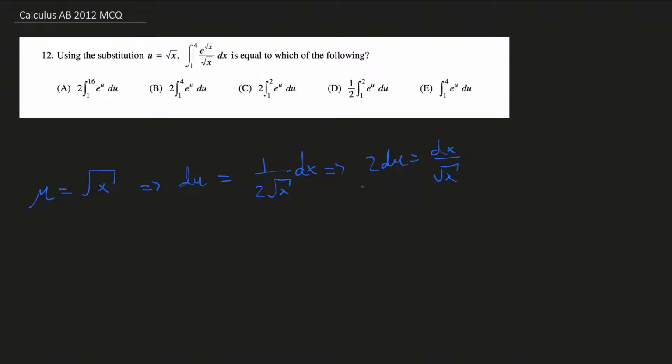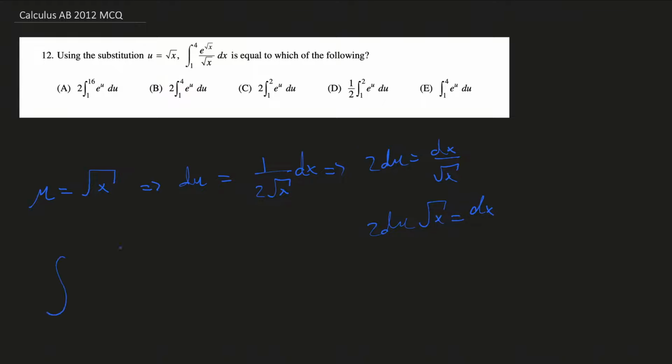So now that we figured that out, we can go ahead and start replacing stuff. So if I multiply by 2 du, square root of x is equal to dx.